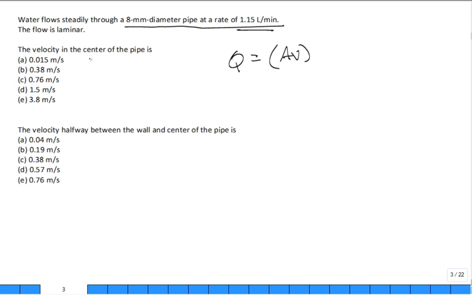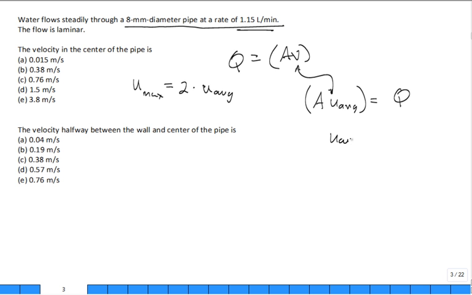The velocity in the center of the pipe, U at the center of the pipe, is the maximum. You're going to use the result that the maximum is twice the average. And to calculate the average, you have that A times U average, the average velocity, is equal to the volumetric flow rate.